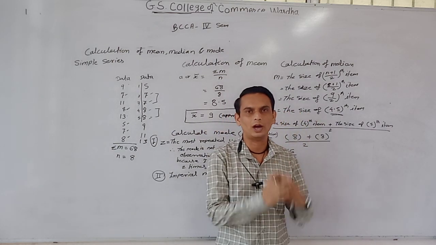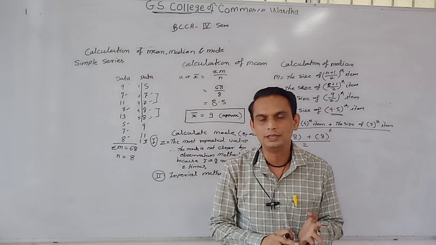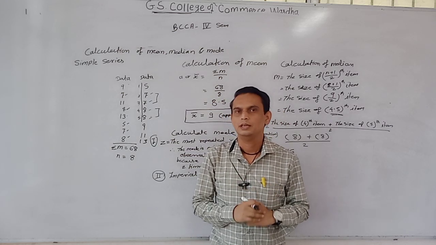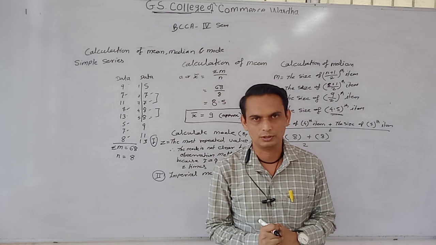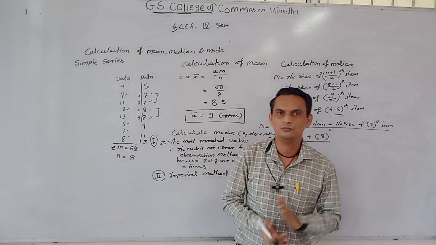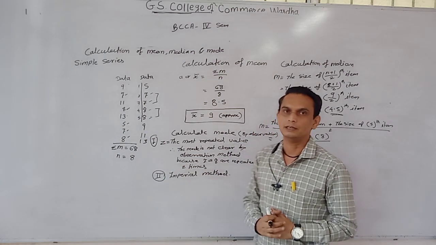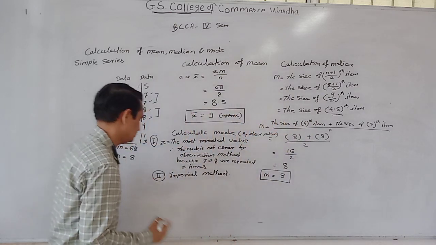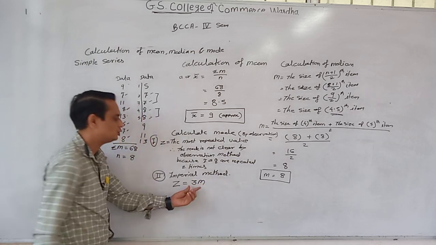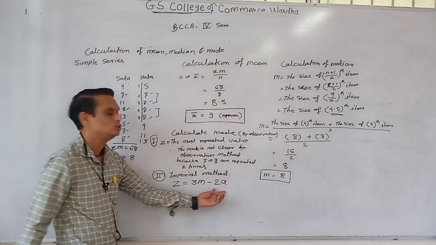When two of the three values, mean, median or mode, are available, we can calculate the third value, and that process is called the empirical method. The formula is Z equals 3M minus 2A, that is 3 median minus 2 mean.